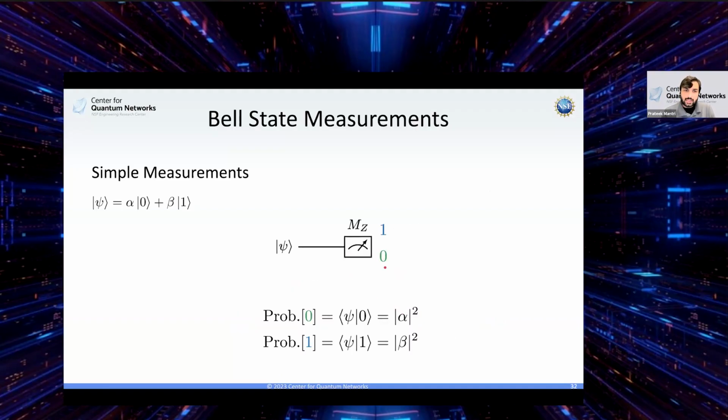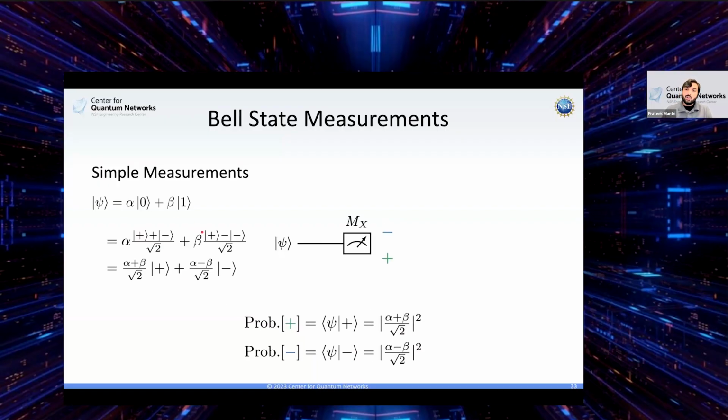Now, when we are doing the Bell state measurement, let's talk about simple measurements first. We have, let's say, a state ket psi, alpha ket 0 plus beta ket 1, and we are trying to measure it in the computational basis. So we can have these two measurement responses, either 1 or 0. The probability of getting a 0 is mod alpha squared, and the probability of getting a 1 is mod beta squared.